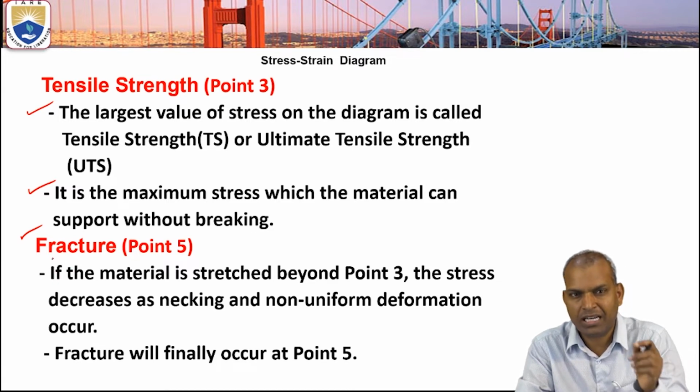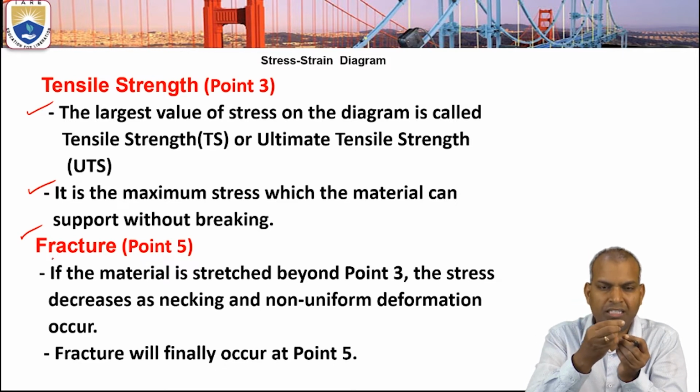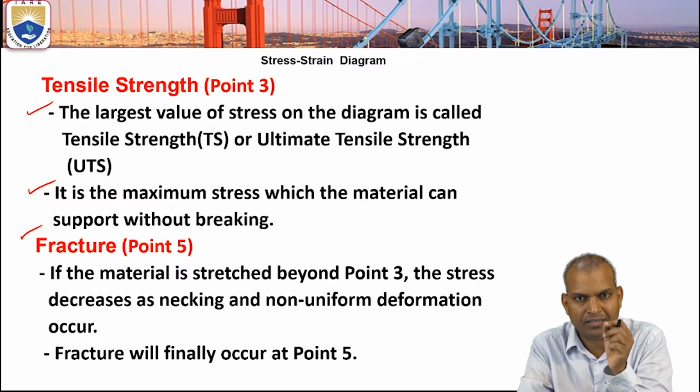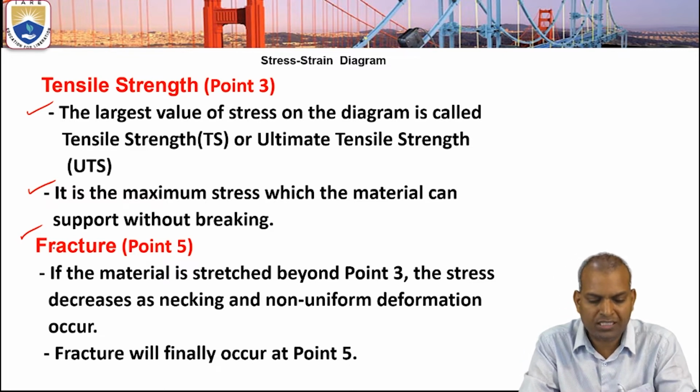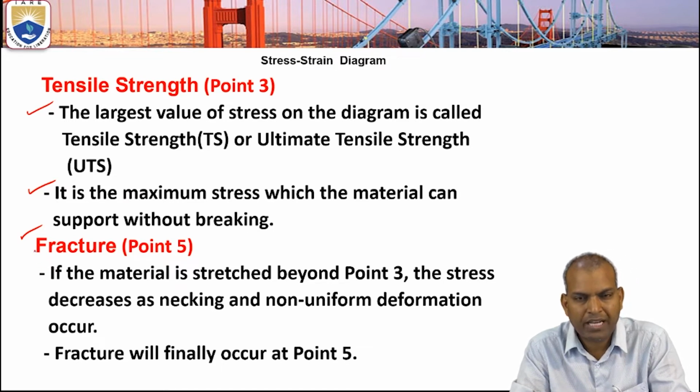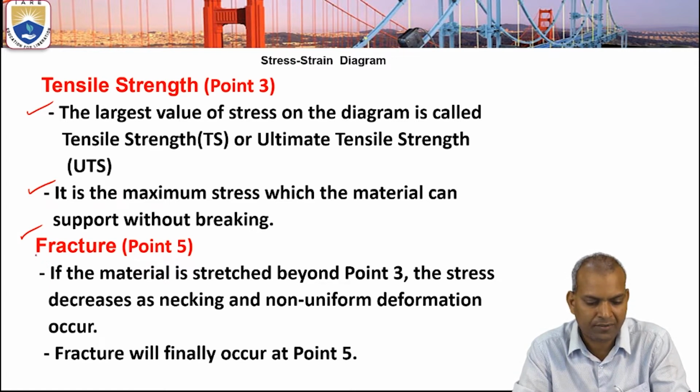At that time, still increasing, then what happens? The necking formation takes place in the material. So at that point, the stress decreases as necking and non-uniform deformation occurs. So fracture will finally occur at which point? That is point 5. That is called the fracture strength of a material.